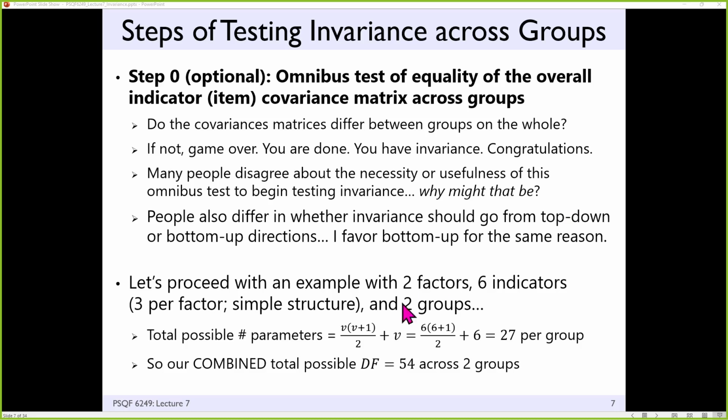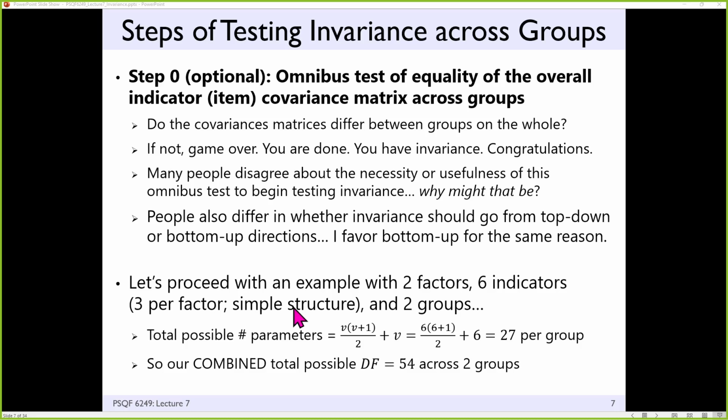But we are going to proceed with the prototypical approach to testing invariance and using this idea as an example. Within the slides, it's a separate idea than what I have for the examples this time, so you can get more instances. Let's say that I have 6 indicators measuring 2 factors, 3 apiece. Each item is predicted by only 1 factor.